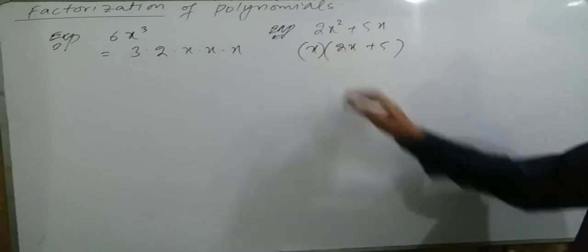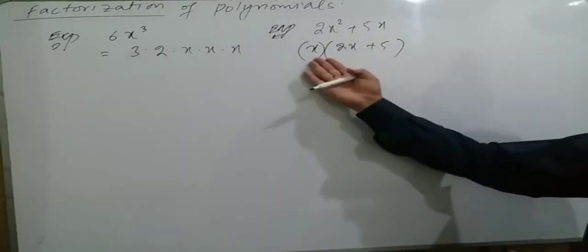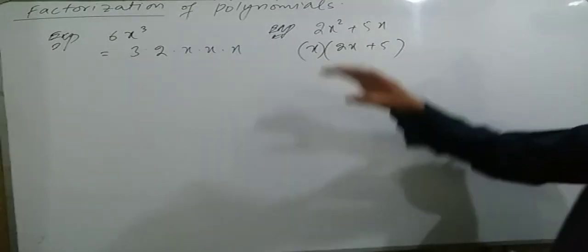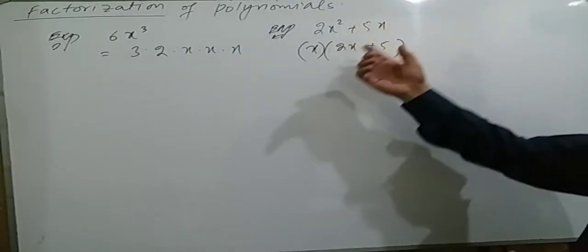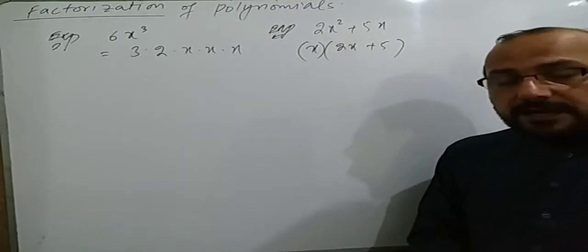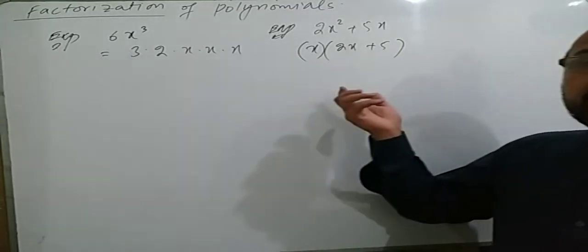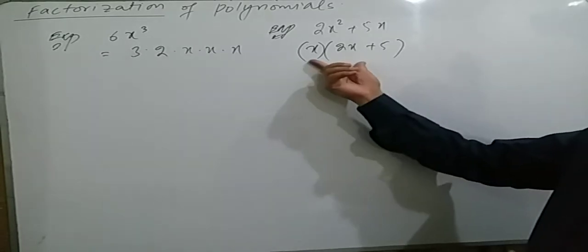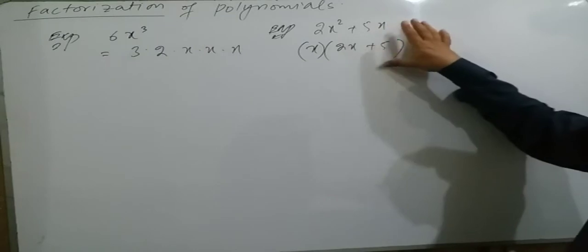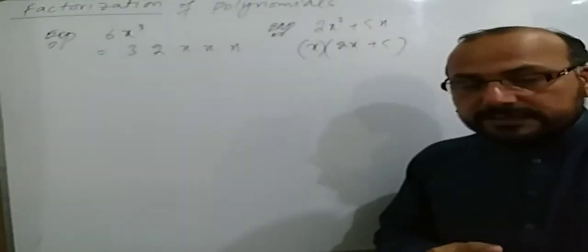Now you see we have two factors, x multiplied by (2x + 5). If we multiply the factors, we get that expression again. But if we write it in multiplied form, it means we are doing factorization and making factors. So by this way you can factorize a two-term expression.